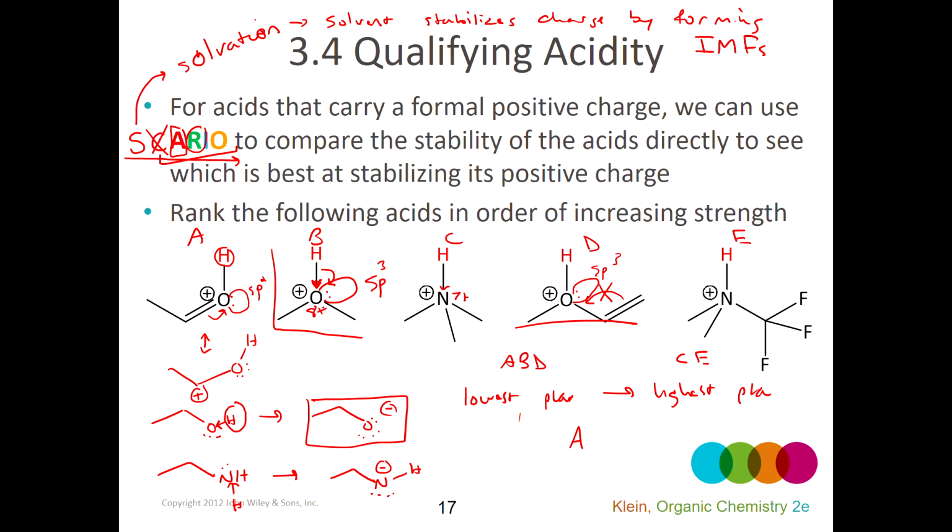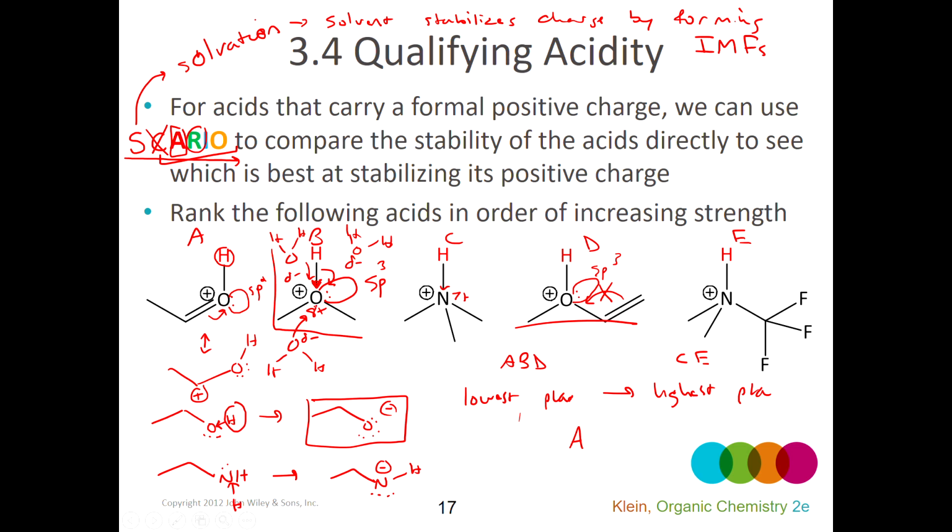So to stabilize this positive, there'd be some water molecules that would come in and bring in some partial negative, form some attractions there. The more space there is to fit more water molecules around there and bring in a greater quantity of partial negative, the more that positive can be stabilized.